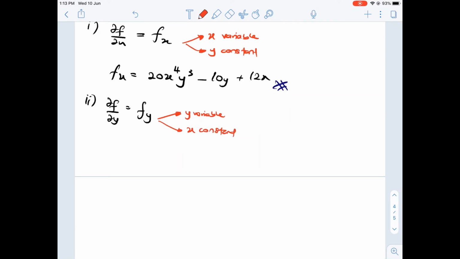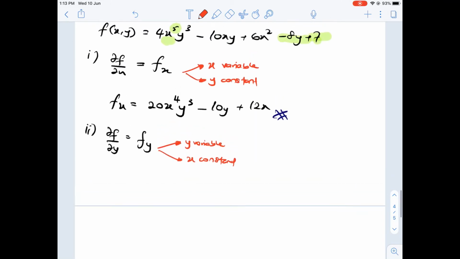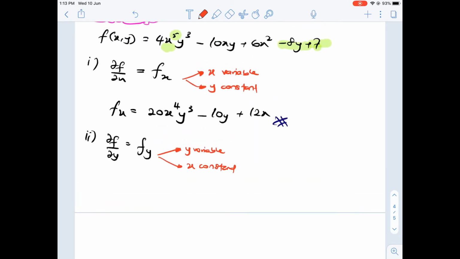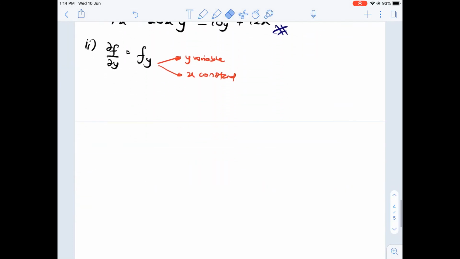If you look at the original question, let me rewrite the equation again so that you can see the process: 4x to the power of 5 y cubed minus 10xy plus 6x squared minus 8y plus 7.